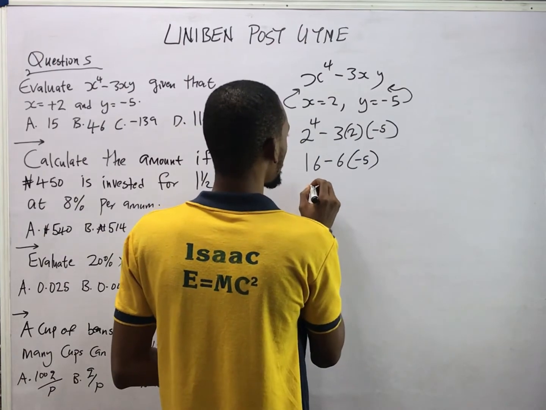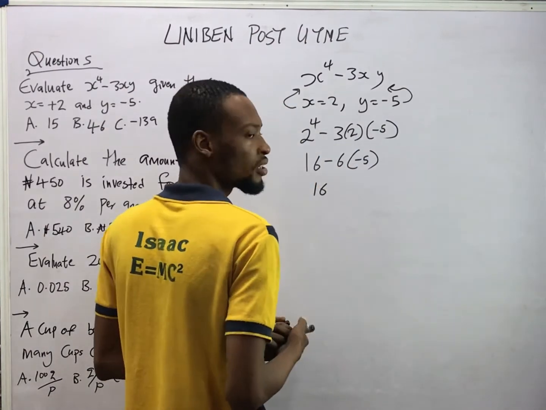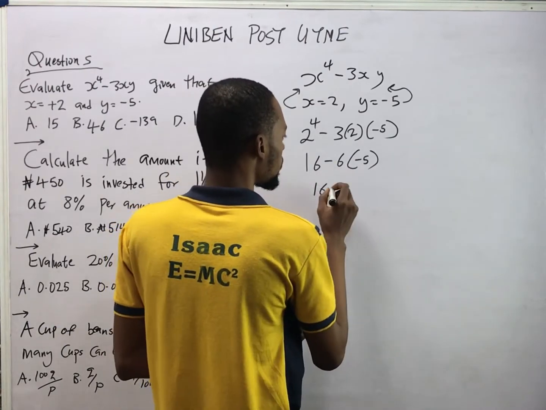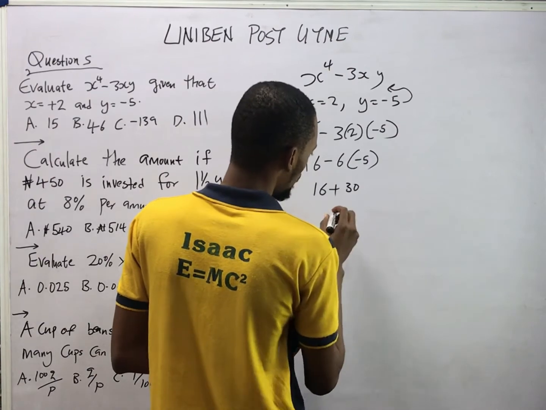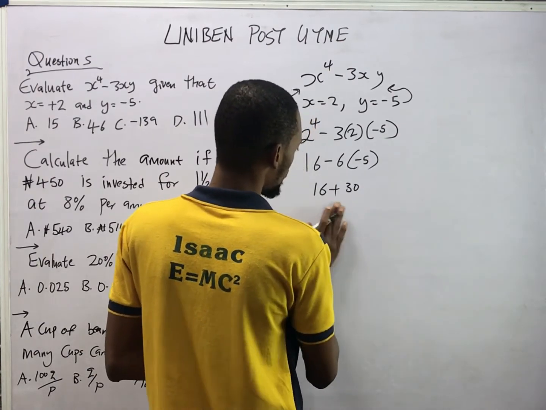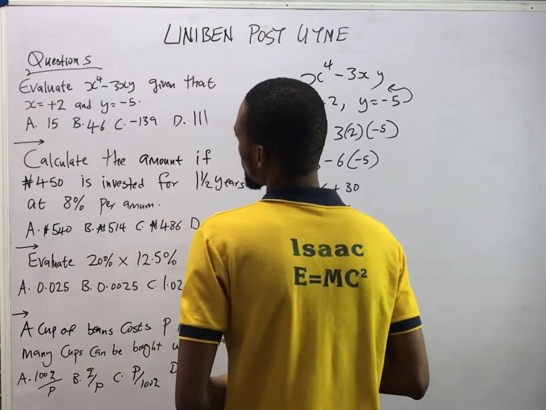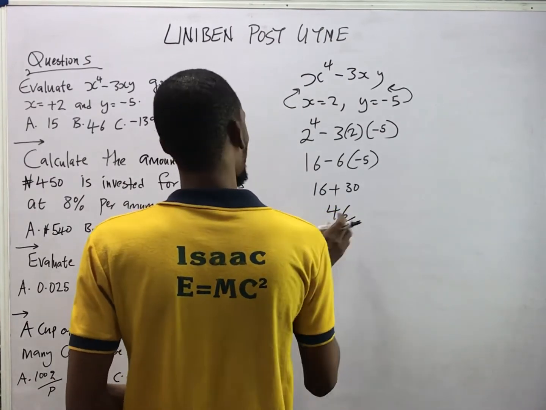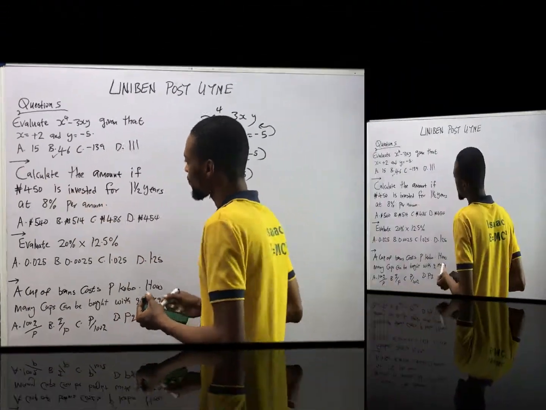So this expression becomes 16 minus 6 times minus 5. Minus times minus is plus, so this will give you plus 6 times 5, which is 30. So 16 plus 30 is simply 46. Your answer is 46, and that's option B.